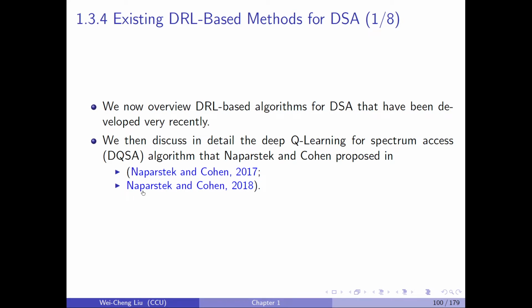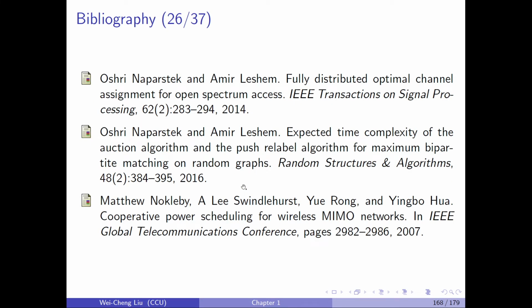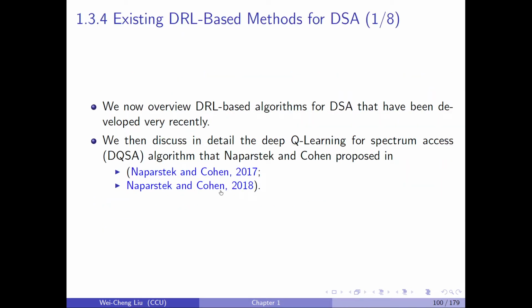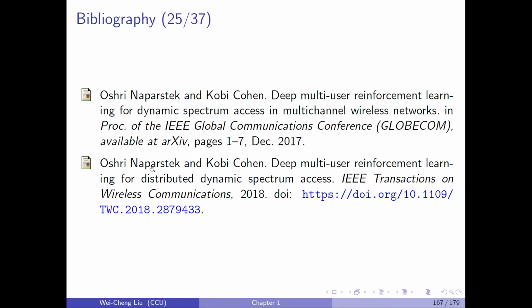Okay, next is Naparstek and Cohen in 2018. The paper title is Deep Multi-User Reinforcement Learning for Distributed Dynamic Spectrum Access, which is published in IEEE Transactions on Wireless Communications, 2018.